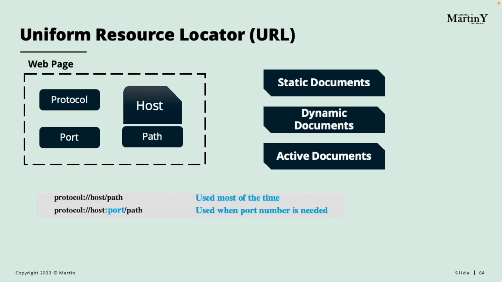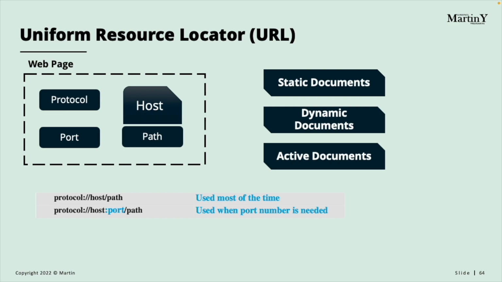Now, another thing that we need to talk about is the type of the documents that we can access. So as you can see, those can be static, dynamic, and active. Okay. So static document, I'll first say about static, and then I will give you to try with the dynamic what it is.